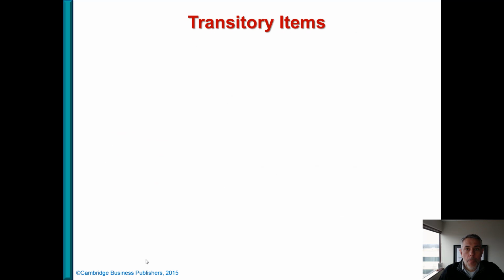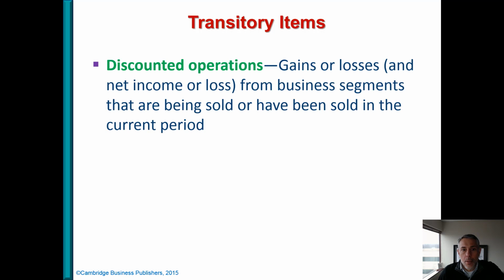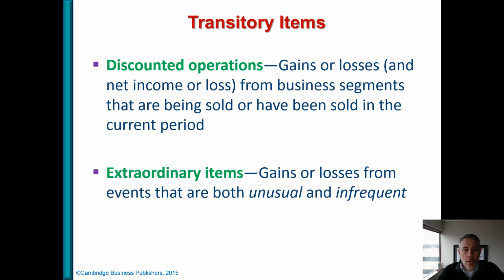Okay, moving on. Let's take each of these transitory items one by one. Discontinued operations are gains or losses from a business that we've either discontinued or sold. Extraordinary items are gains or losses from events that are both unusual and infrequent. So remember those two terms: unusual and infrequent.